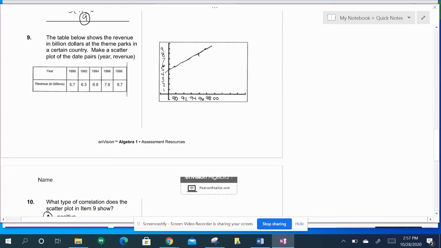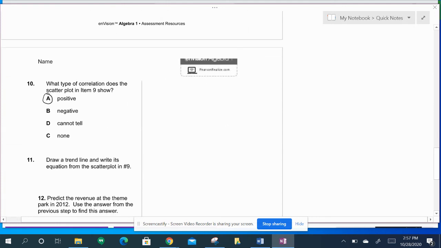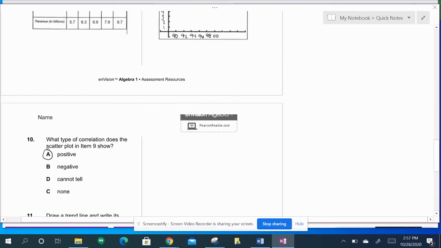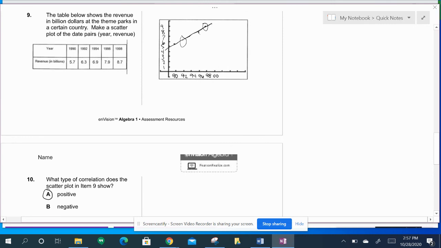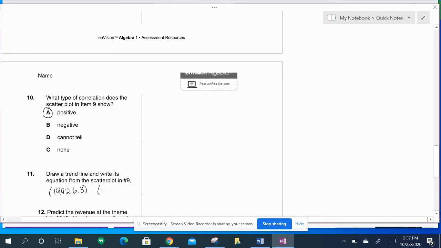So to me, it looks like mine follows here at 1998, 8.7. And maybe I also fit here at 1992, 6.3. So I'm going to come down here and write those 2 points down, 1992, 6.3, and 1998, 8.7.